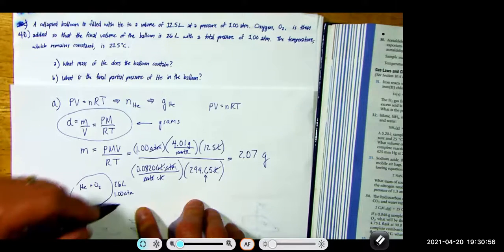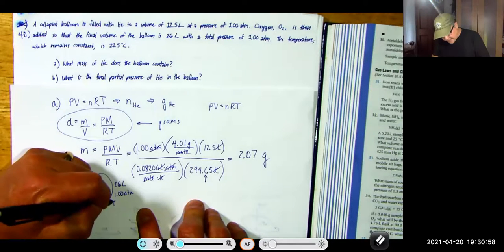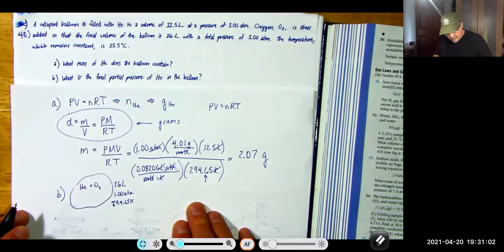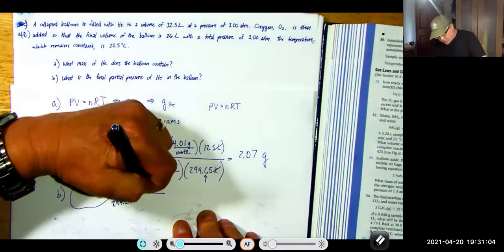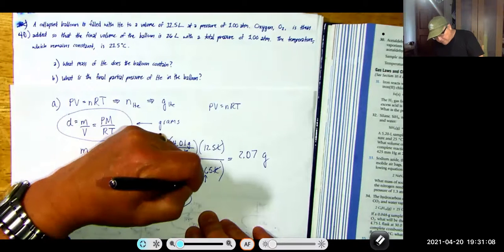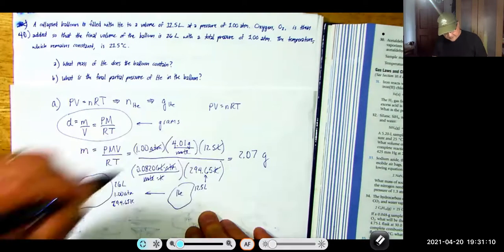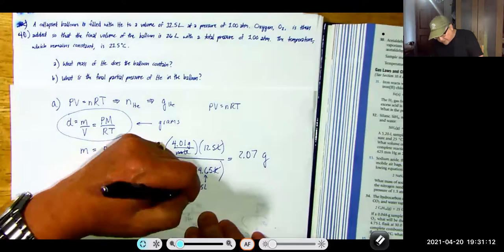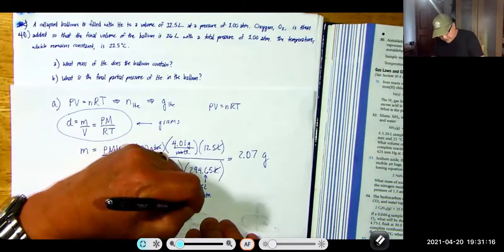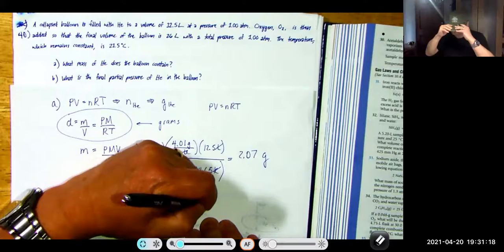And the temperature is 294.65 K. And I'm going to do this backwards. We got this from a smaller balloon that had 12.5 liters of helium in it and 1 atmosphere and 294.65 K, right?